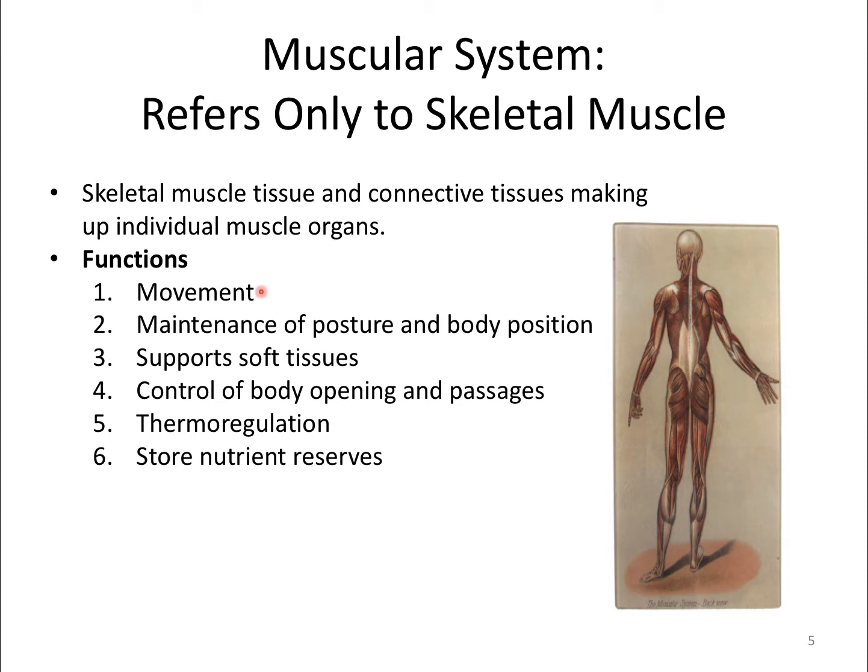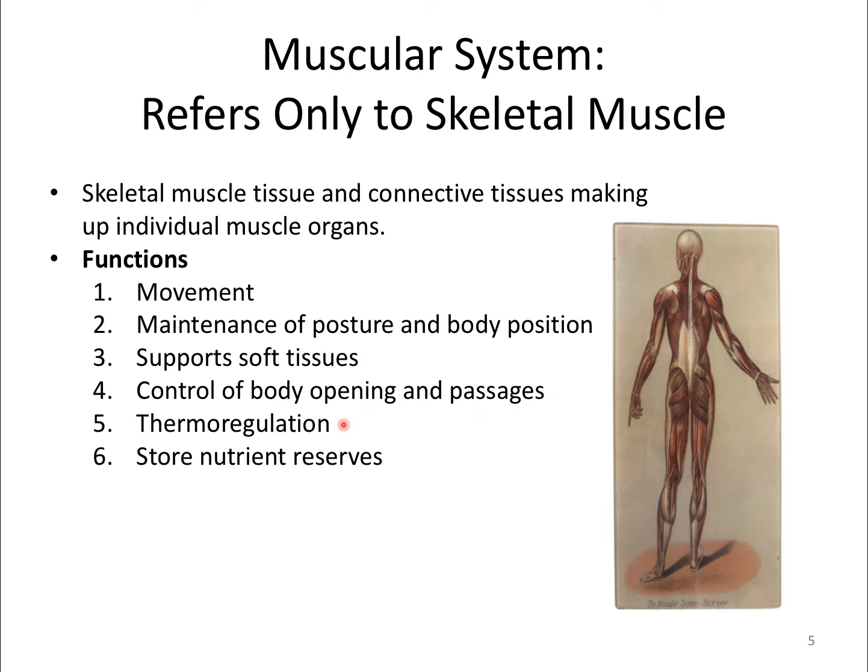We can walk around, get up, get down, make mouth sounds that allow us to communicate, make face shapes that allow us to communicate, all kinds of things. Also maintenance of posture and body position, so standing up, sitting up, those kinds of things. Muscles also support soft body tissues via sphincters, controls openings and passages.